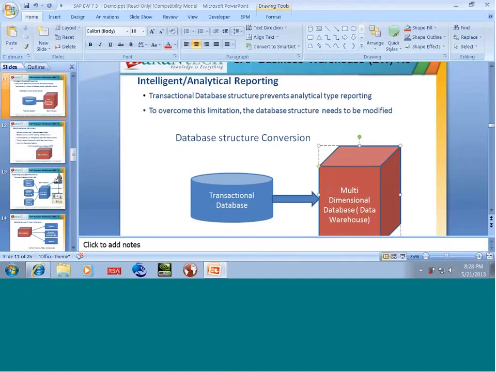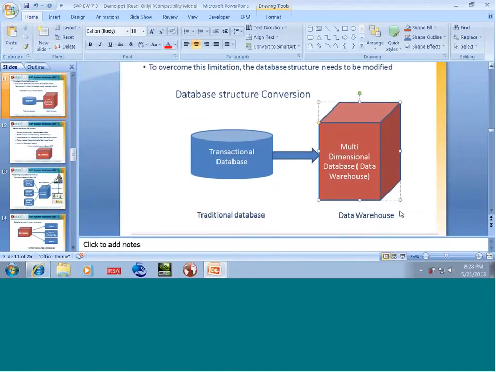Whenever data is stored in a data warehouse, the common terminology for the structure that is loaded is multidimensional data structures. It's commonly referred to as multidimensional modeling, and the kind of data that is stored is multidimensional in nature.